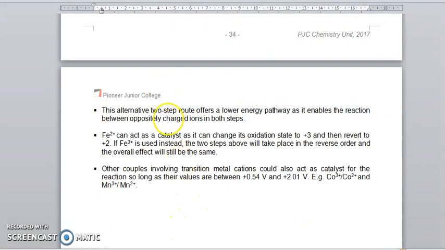This alternate 2-step route offers a pathway with a lower EA, an alternative pathway of lower EA. Because you notice that each step occurs between oppositely charged ions.